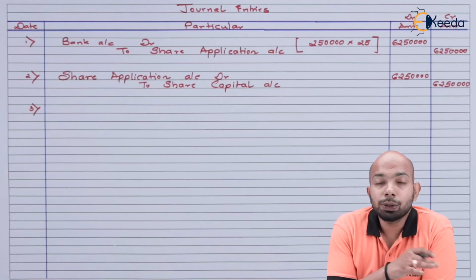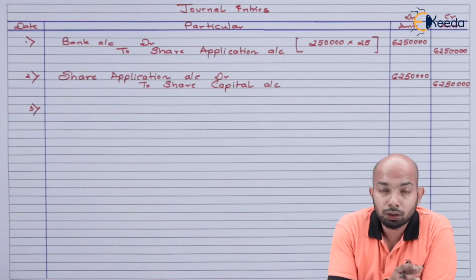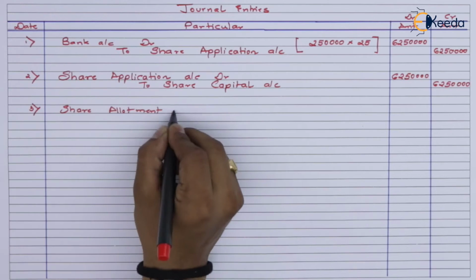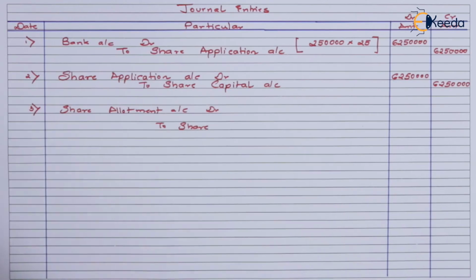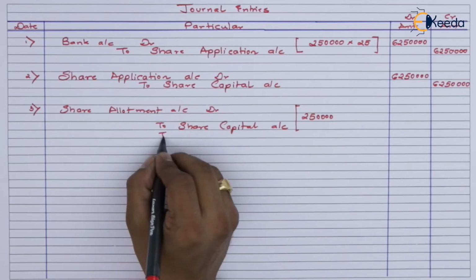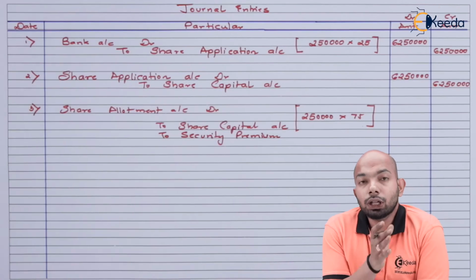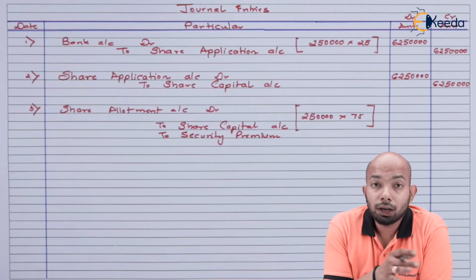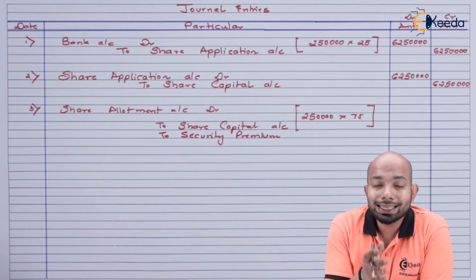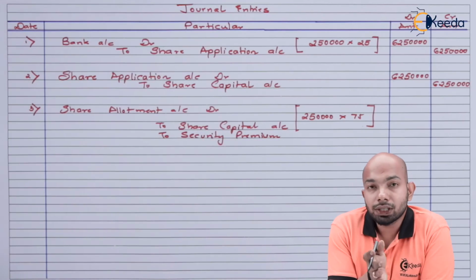Now, the next entry will be the amount that we are supposed to receive, that means the share allotment account. We have mentioned the entry as share allotment account debit to share capital and securities premium.